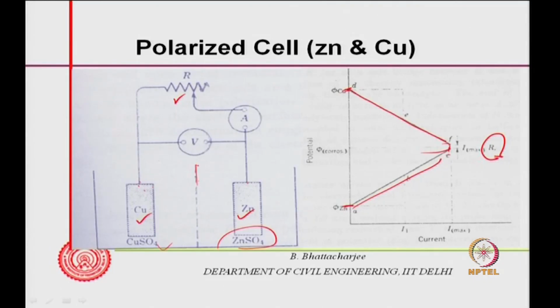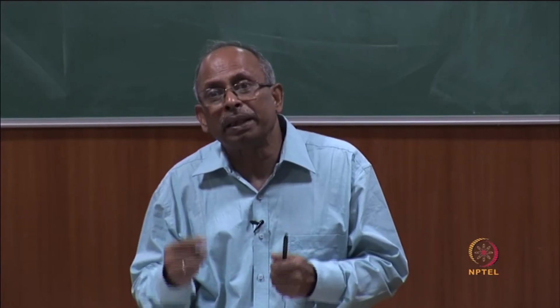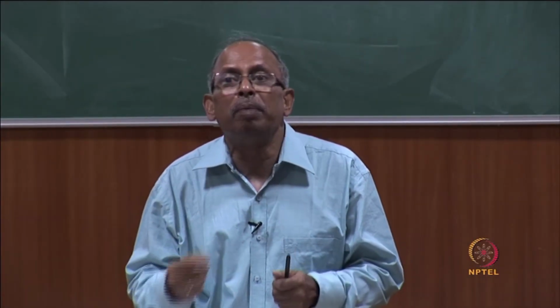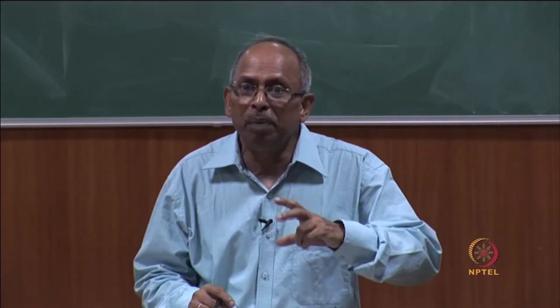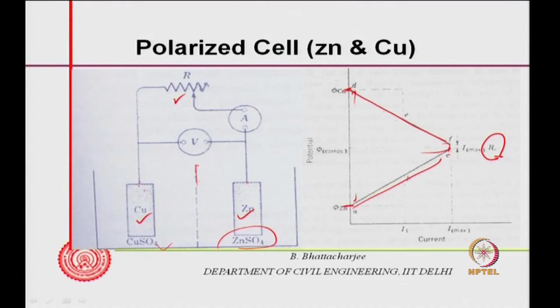So, when actual current is passing, potential actually changes, because there is an electrical double layer at the boundary, and some current has to pass through that as well. So, finally, some drop would be lost there as well. The IR drop across the resistance would be much less than this difference, because there will be some drop across the electrical double layer, and that is why the polarization occurs.